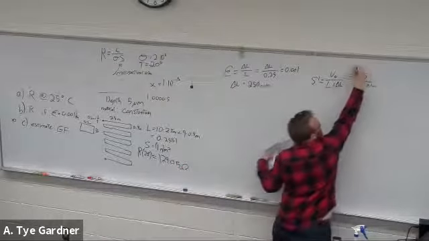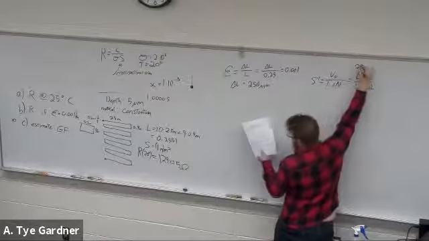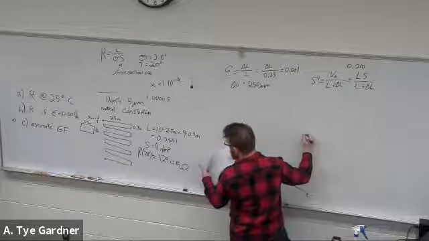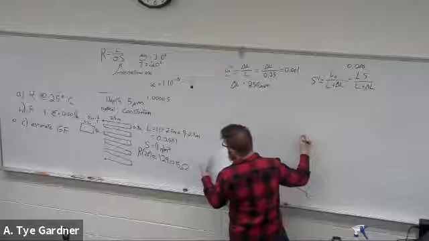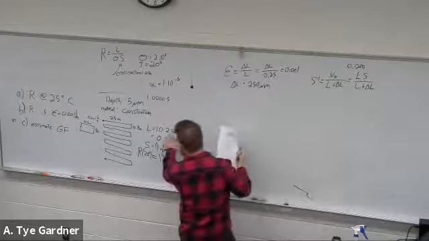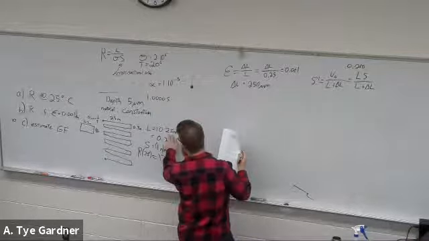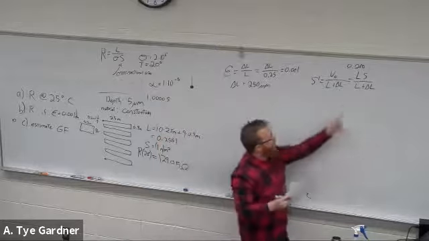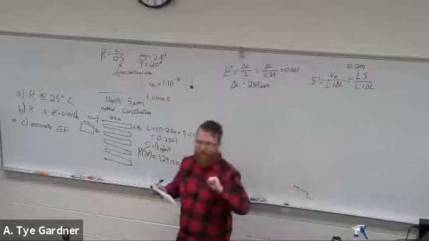This is 0.25 milli. How did I do this wrong? Because this is 25 milli, so that would be 250 milli. That makes sense. Okay, right. So L is 250 milli.